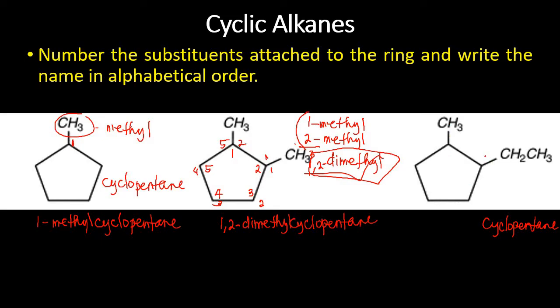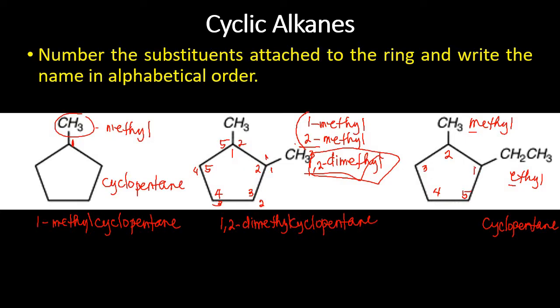Now, kapag ganito ang situation, pipiliin natin na bigyan ng 1 or lowest number yung mas mauna sa alphabet, ang beginning letter. So this one is ethyl. This one is methyl. Therefore, mas mauna si E kesa sa M. So since dalawa lang sila, we start from 1 and then 2. Continue numbering 3, 4, and then 5.